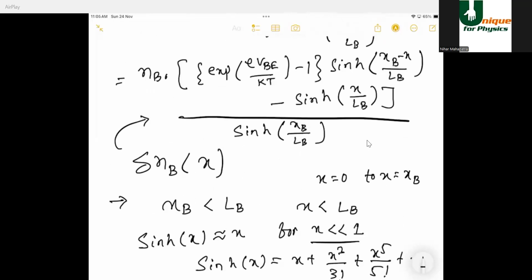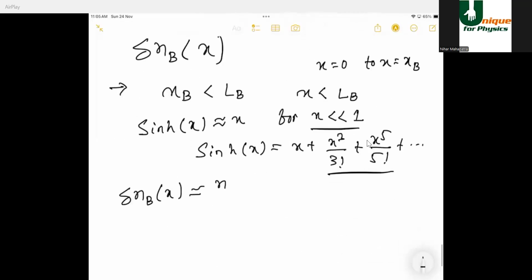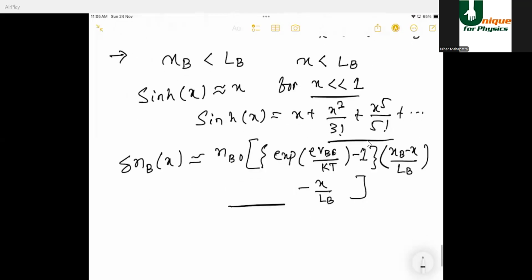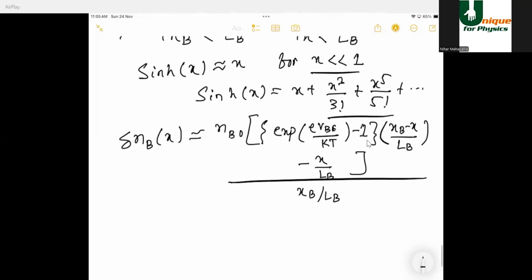nb0. Here I'm substituting wherever we have sinh x, I'm writing it as x only. nb0, we have in the bracket exponential of eVbe upon kT minus 1, bracket close, and this one I'm writing as xb minus x, the hyperbolic term I'm writing as x only, over Lb, minus x by Lb. This is to simplify it further, whole divided by xb by Lb. Wherever sinh was there, we are writing it as x.